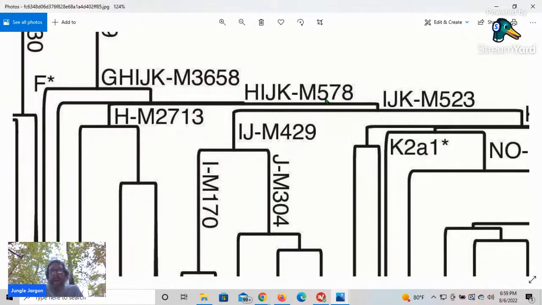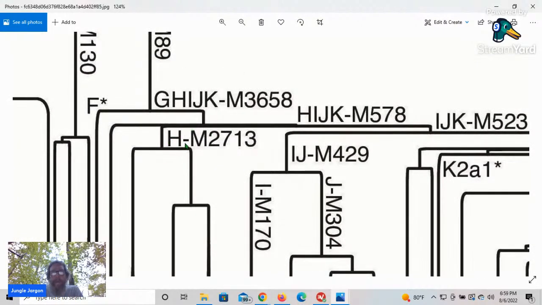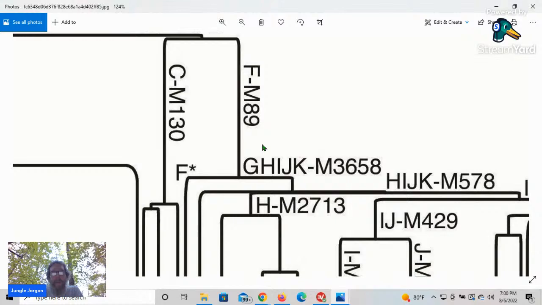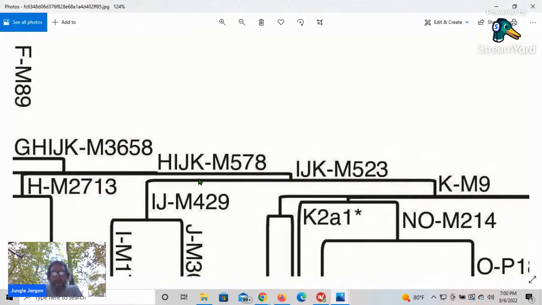Then this identifier of Elam, H-I, Elam and Arphaxad is lost to this group, which is Assyria. And then this identifier is lost to the F1 and F2. So that's the way it works.